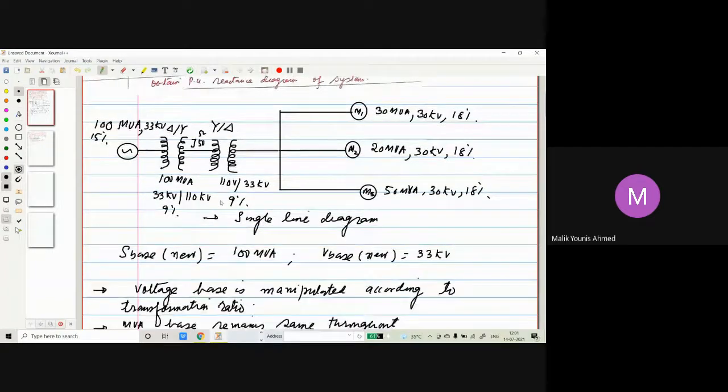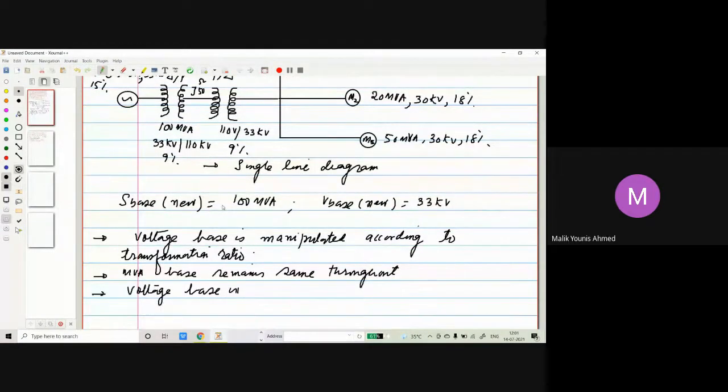Okay, so voltage base in the J50 transmission line. Up to the primary of transformer number one, the voltage base is 33 kV.